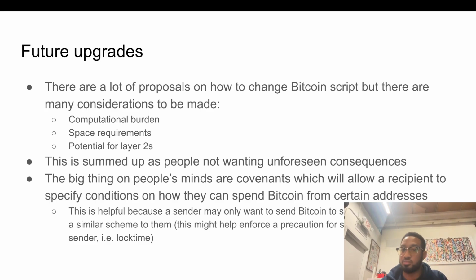So one of the things to consider when you're introducing a new opcode is the computational burden. Another thing is the space requirements for your opcode. You don't want an opcode to make it easy to balloon the space that a Bitcoin transaction takes on disk, or the UTXO set, which is stored in RAM. So that's what we call in memory. And on space requirements, kind of on the same topic, we have the whole thing with inscriptions, right?